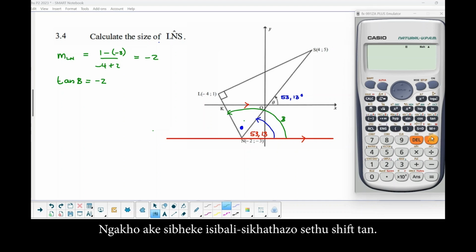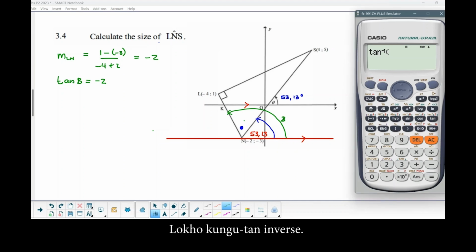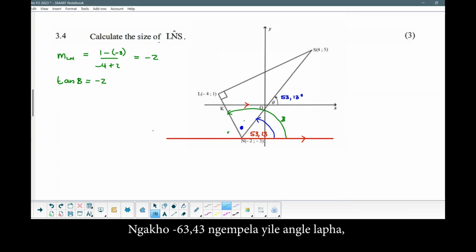So let's go to our calculator, shift tan, so that's tan inverse, make sure the -1 appears, of -2 is -63,43. So -63,43 is actually this angle here, but that's not the one I'm looking for.